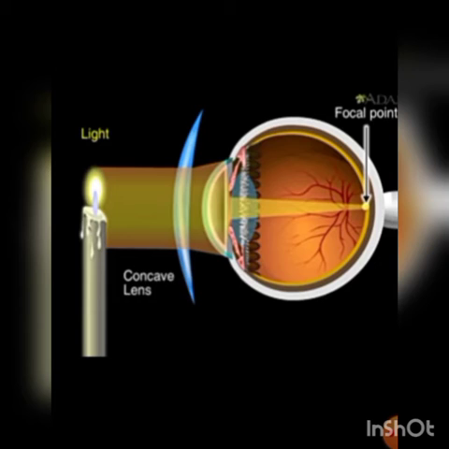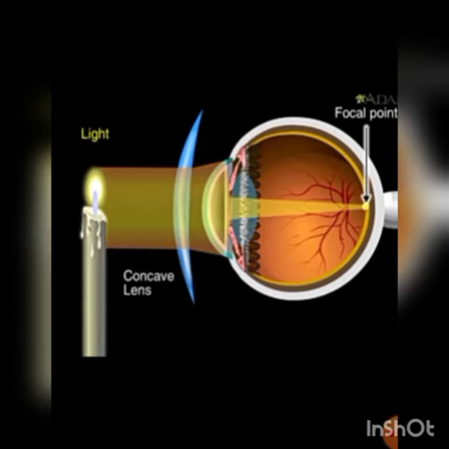A person with this defect is able to see closer objects but has difficulty seeing objects that are far away. This is because the light rays coming from a distance are focused in front of the retina. This is caused by an eyeball that is too long.